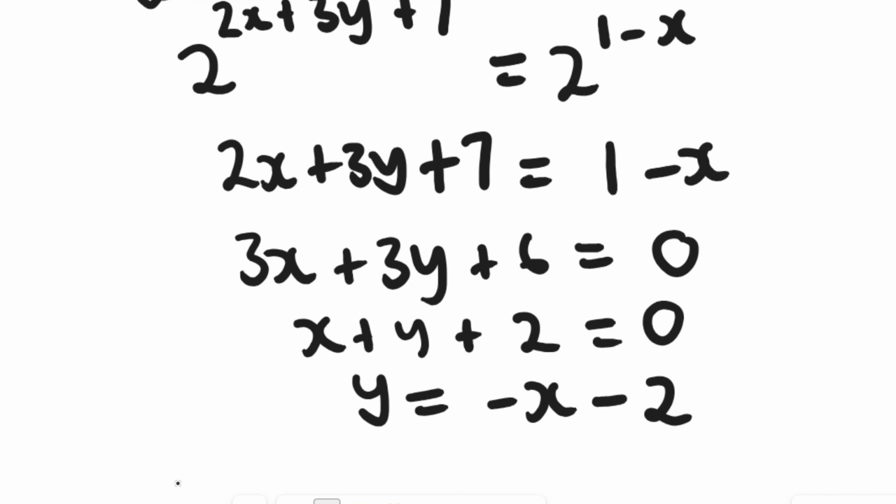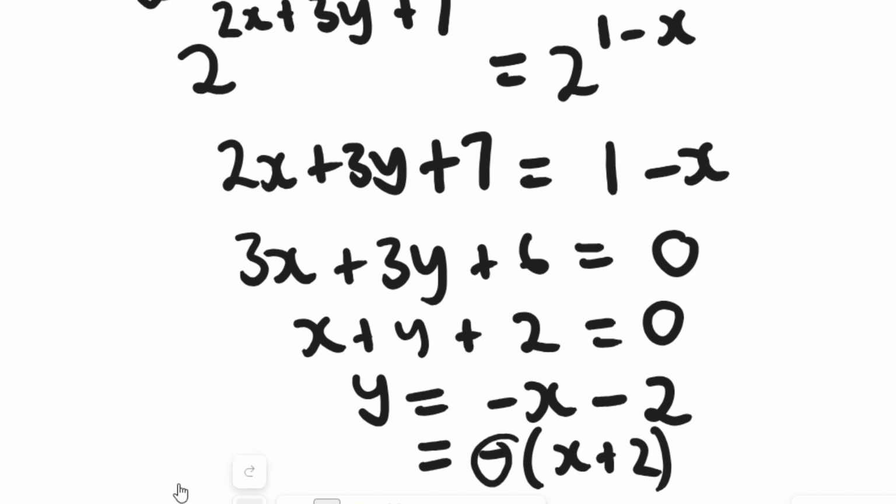Or we can write it as minus of x plus 2. Why? Because in the other equation, when you have a square, we can just ignore this negative sign as if it's not there. The square will remove that negative sign and you are left with x plus 2. Now this is our equation 3.